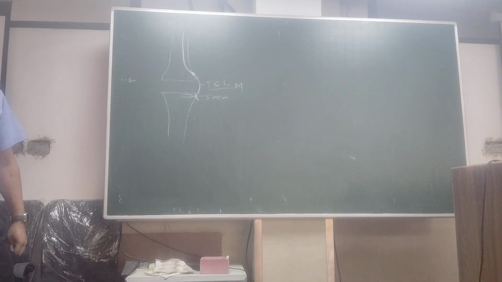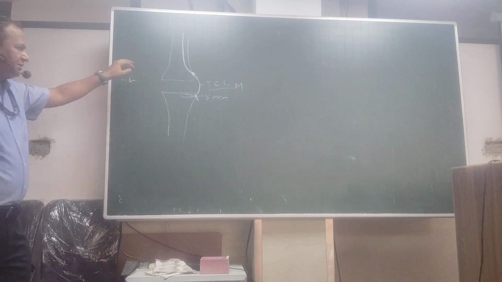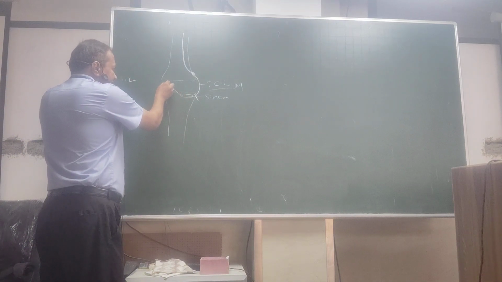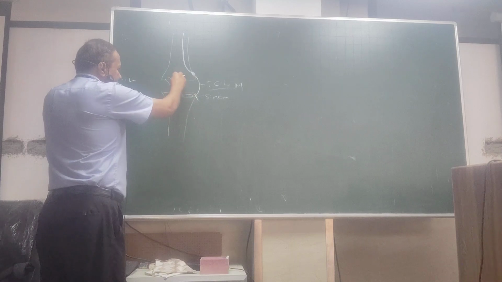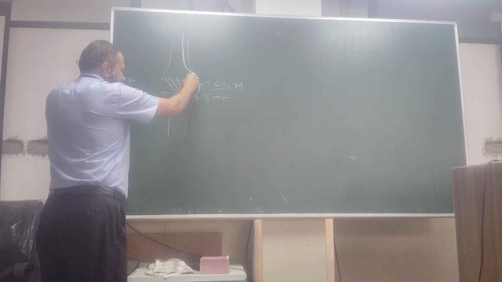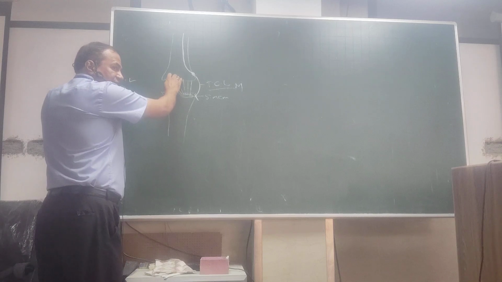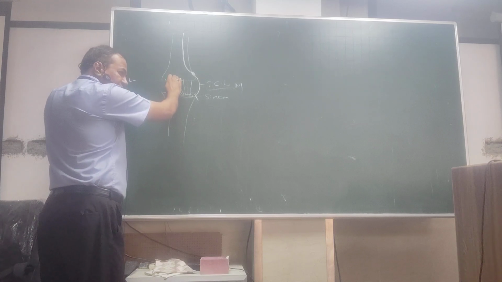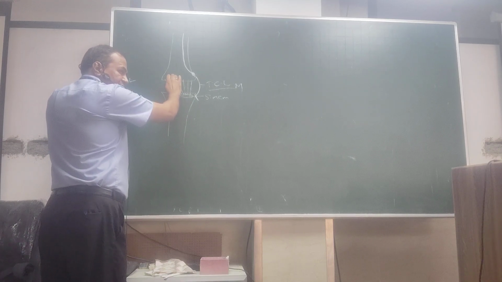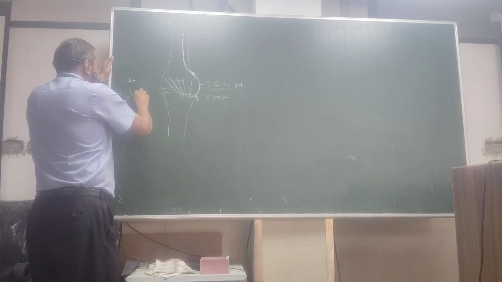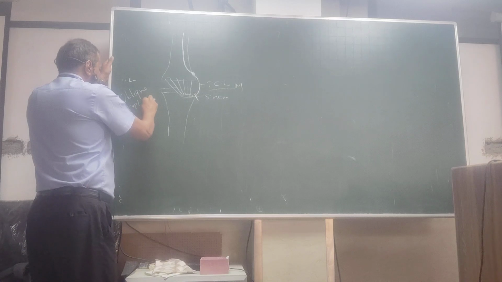Okay? So semimembranosus gets inserted here, and also from its insertion, it sends fibers which go like this behind, get attached to the femur, or the capsule of the knee joint, and cover the capsule of the knee joint from behind. This is called the oblique popliteal ligament.